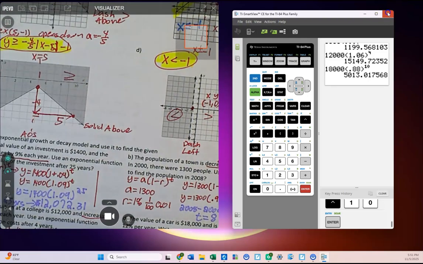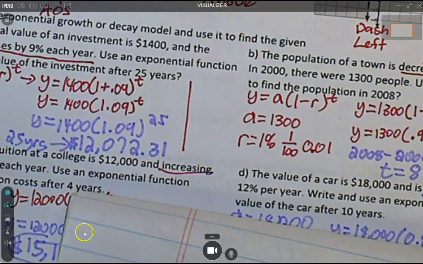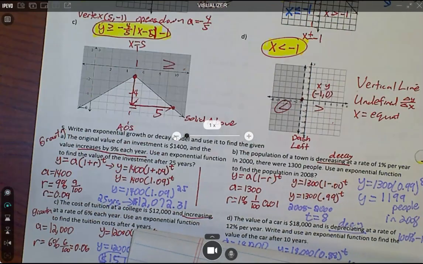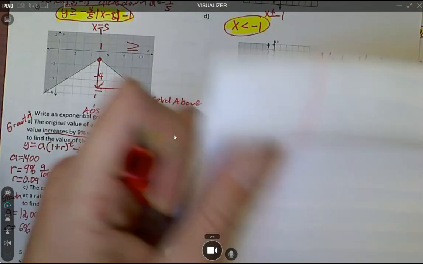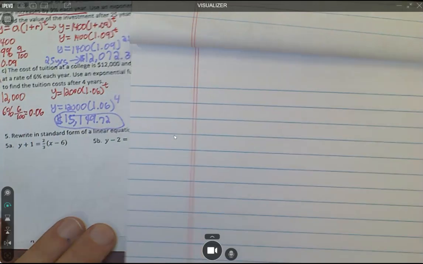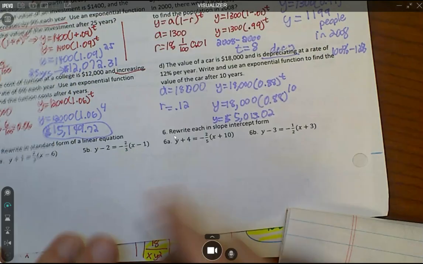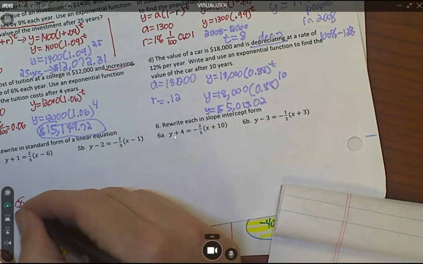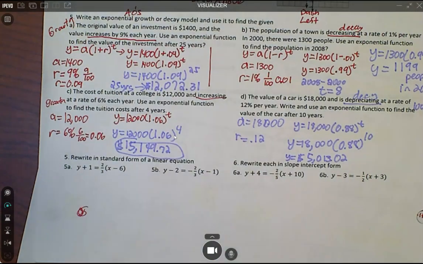Bye, calculator. See you, old friend. I'm going to make this a separate answer key. I don't have enough space there. I think I can get it.